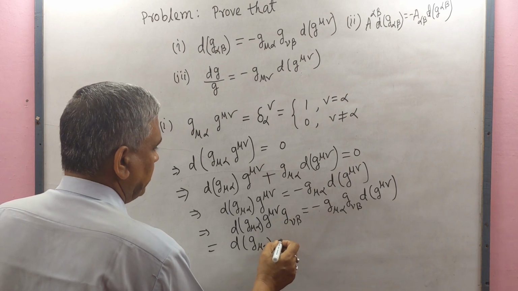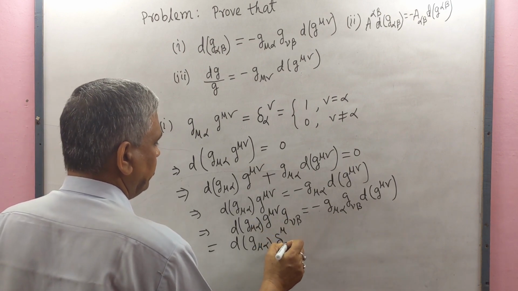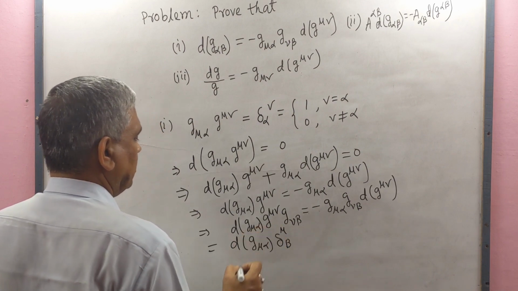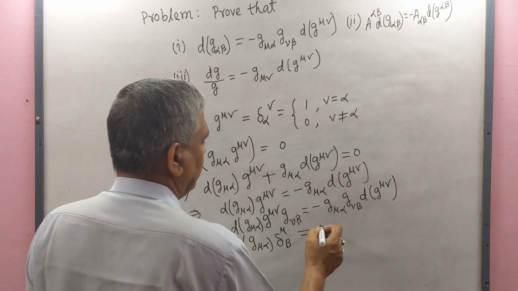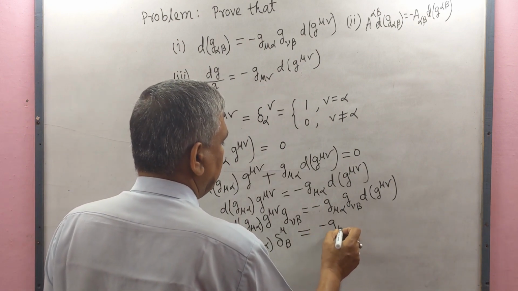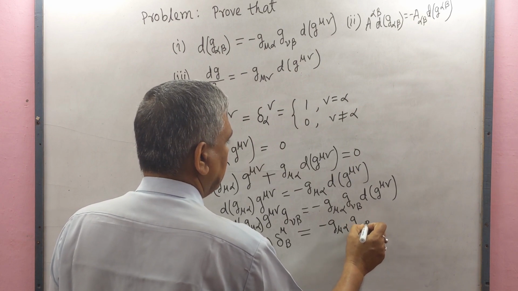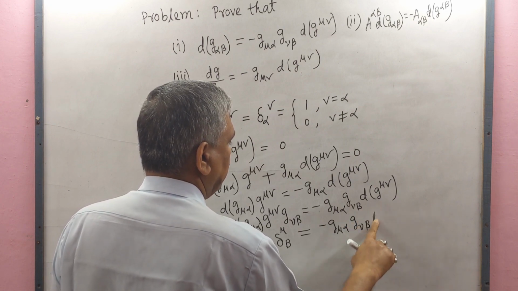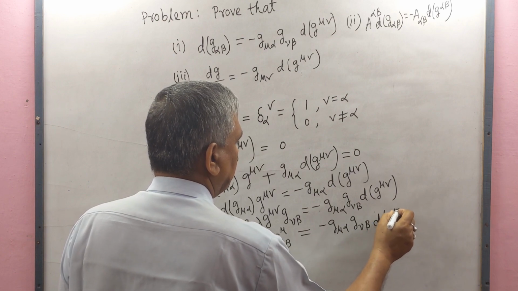This will give Kronecker delta, nu cancel mu beta, and this side minus g mu alpha g nu beta d g mu nu.